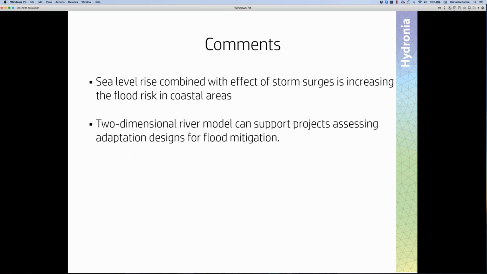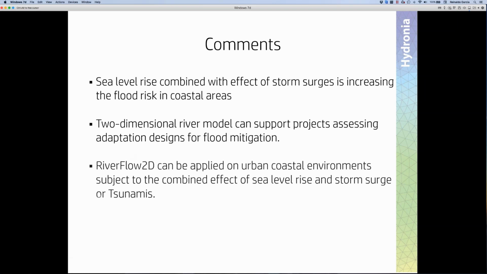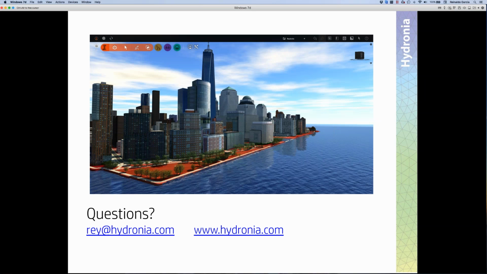And two-dimensional models are very useful for this purpose because they can provide a lot of detail. And in particular, the RiverFlow 2D model can be applied to urban coastal environments and combine river, estuary, and coastal areas, including hydrology and hydraulics, and study the combined effect also of the sea level rise and surge or tsunamis in this coastal environment.